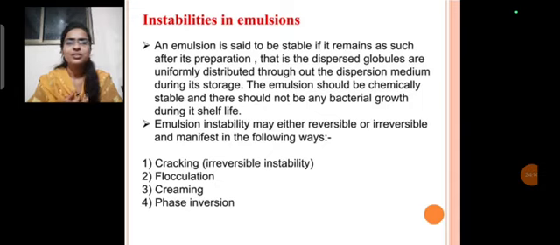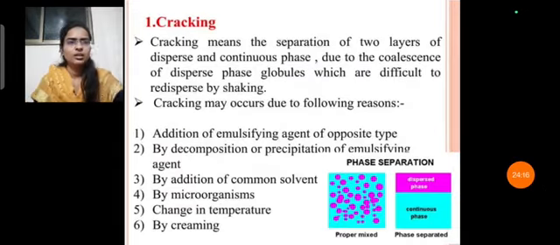First is cracking. Let us see what is meant by cracking. Cracking means there is a separation of two phases, that is, the dispersed phase and the continuous phase, due to coalescence of the dispersed phase globules, meaning there is an aggregation of the dispersed phase, therefore the two phases are separated.